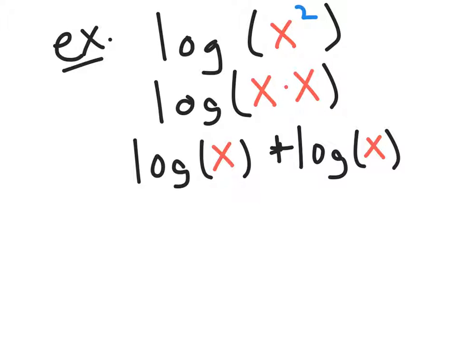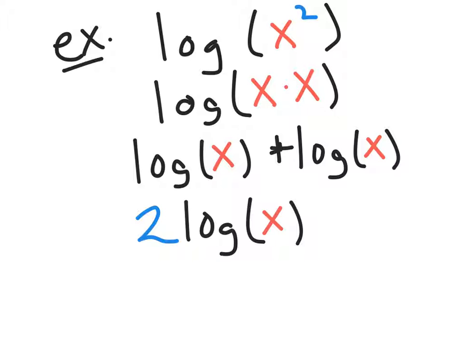If I add those two together, you will notice that now I actually have 2 logs of x. And so what we can do is travel from this first one all the way to the last one. An exponent can simply be brought out in front, because an exponent is really repeated multiplication, and repeated multiplication can actually cause us to simply add. So we ended up with 2 log of x.